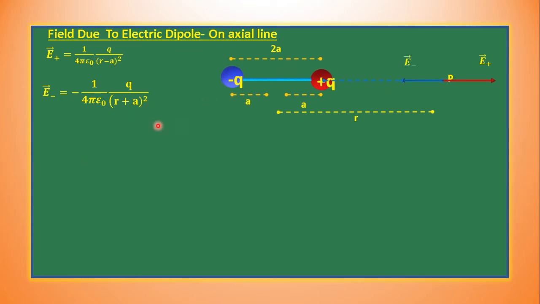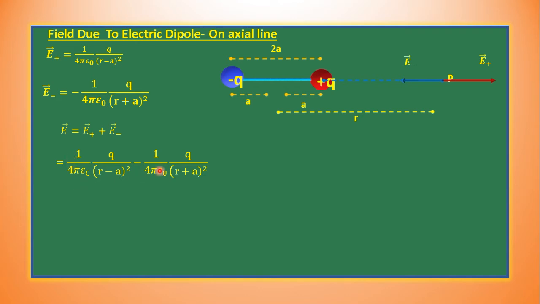Now, to find the resultant, you can simply take the algebraic sum as the fields are acting along a straight line. So the resultant field E equal to E plus plus E minus. E plus is 1 by 4 pi epsilon 0 q by r minus a the whole square, minus the second one, 1 by 4 pi epsilon 0 q by r plus a the whole square.